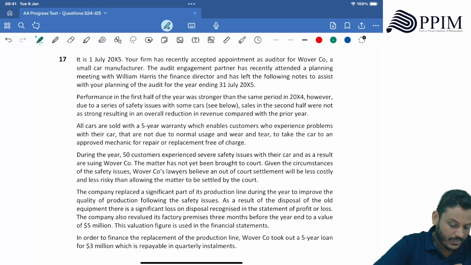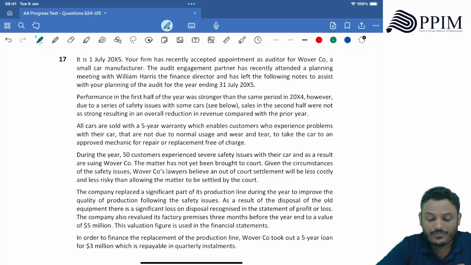So the first one, 1st of July 2005, your firm has recently been appointed as auditor of W and Company, a small car manufacturer. The audit engagement partner has recently attended a planning meeting with William Harris, finance director, and has left the following notes. Performance in the first half of the year was stronger than the same period in 2004.